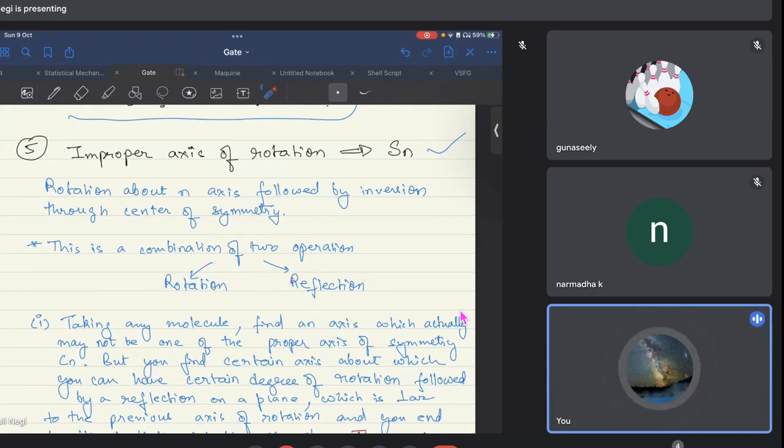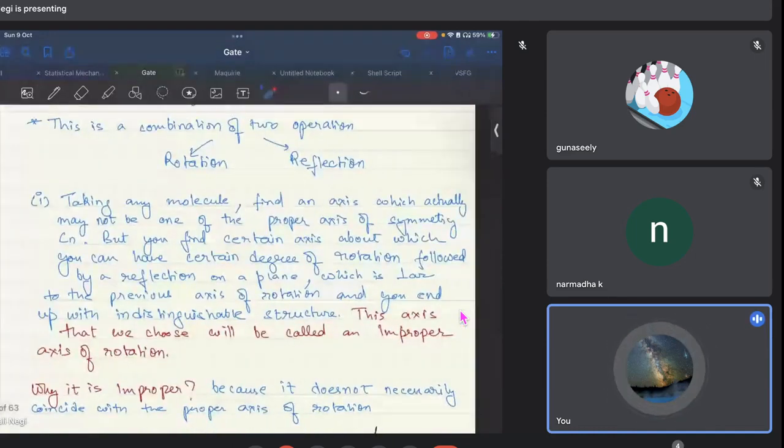So the rotation about any axis is followed by inversion through the center of symmetry, or there is a plane present which will do the reflection. Taking any molecule, first you have to find an axis which may or may not be the principal axis.